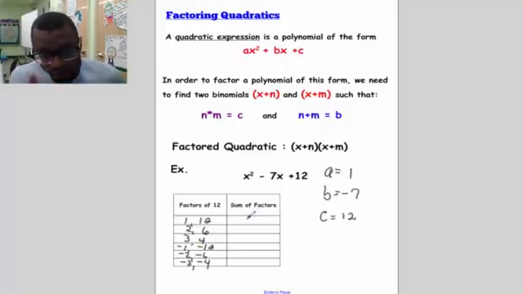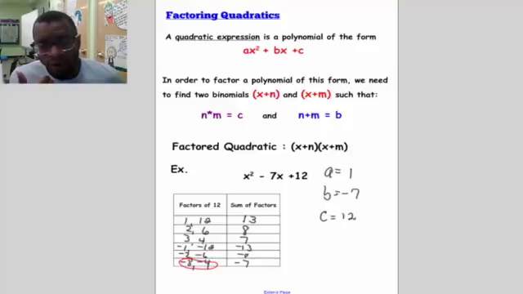The sum of the first one gives us 13, the second gives us 8, this gives us 7, negative 13, negative 8, and negative 7. So because we want b to be a sum that equals negative 7, we want to choose the factor pair of negative 3 and negative 4.